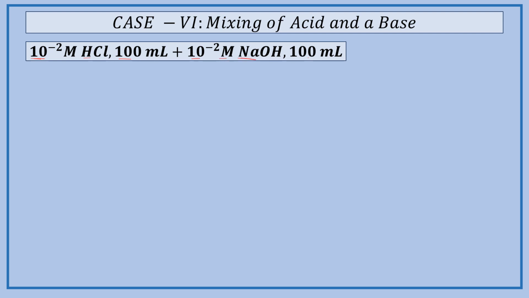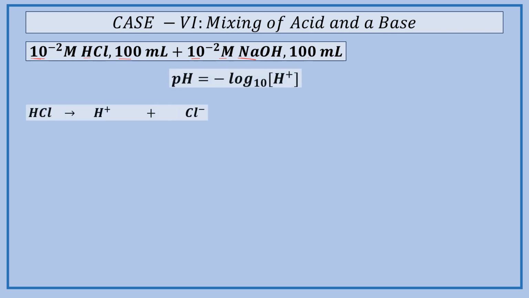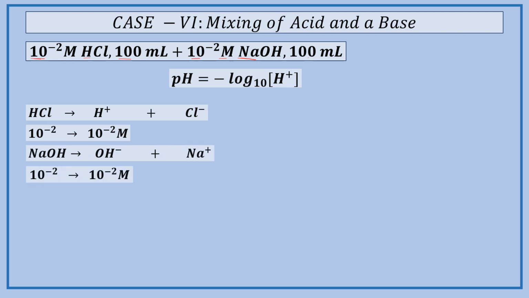We can quickly write the dissociation of both acid and base in this case, and we can also write the respective amount of H plus and OH minus ion produced from acid and base. So we will have 10 to the power minus 2 molar H plus ion concentration and 10 to the power minus 2 molar OH minus ion concentration.